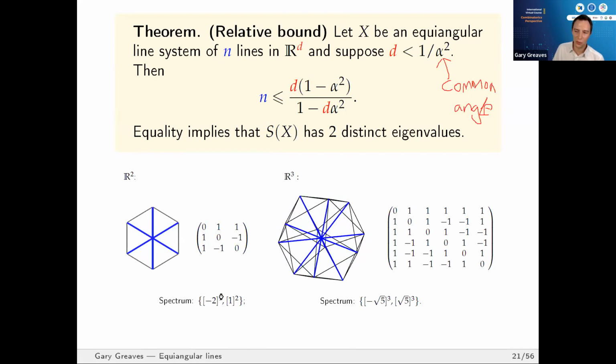And so we expect the Seidel matrix to have 2 distinct eigenvalues, and the eigenvalues of this one are just -2 and 1. For this one, remember the angle was a half.